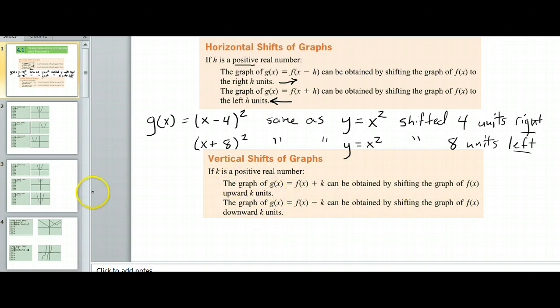Okay, so that means if g of x were x squared minus 4, that's the same as just plain old y equals x squared, but this time shifted down 4 units.